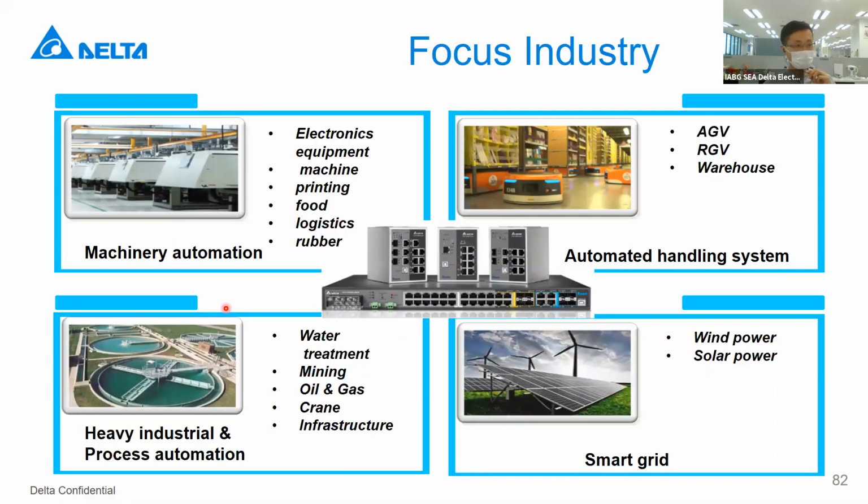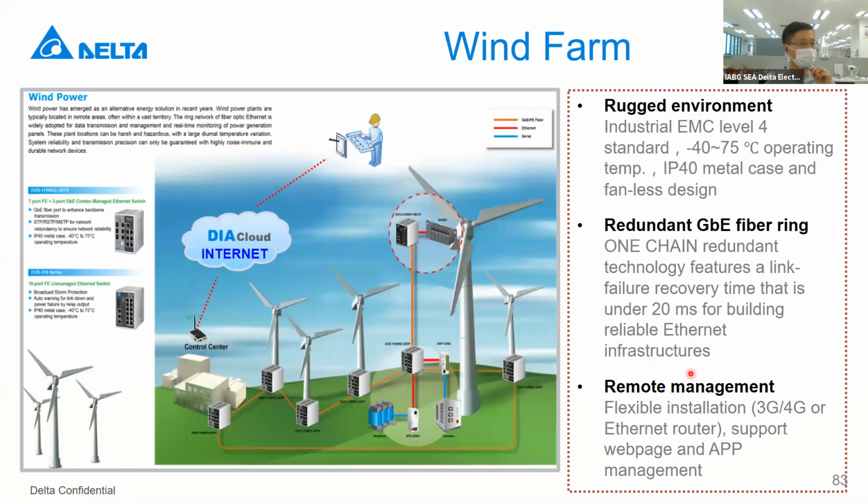Okay, and here I would like to quickly show some successful cases. Some from machine automation, some from factory automation. So the first one is a wind farm, because as you know, wind is, I think, clean energy.